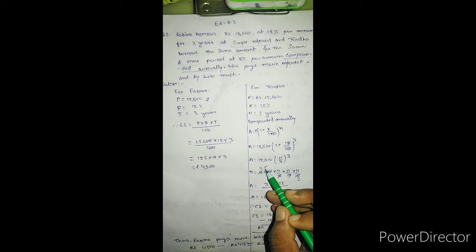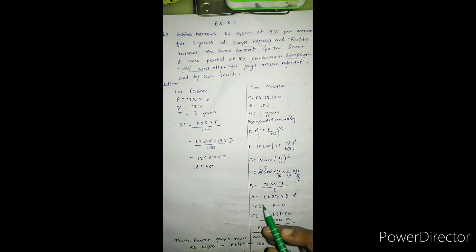When you multiply 25 into 11 into 11 into 11, you get 33,275, and in the denominator we have 2. When we divide this, we get 16,637.50.